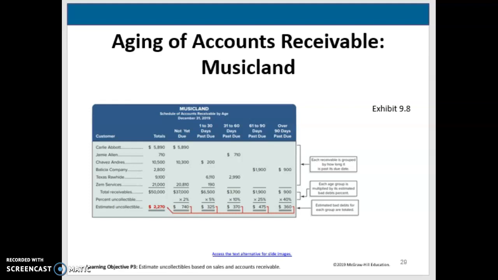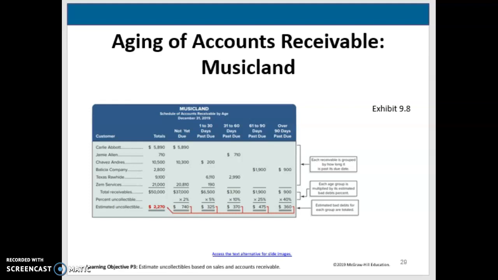So we've classified them. Out of the ones that are not due yet, we expect that only 2% are going to be uncollectible. What we'll notice is that as it ages out further, those percentages increase, because the farther past due they get, the less likely it is that we're going to collect it.